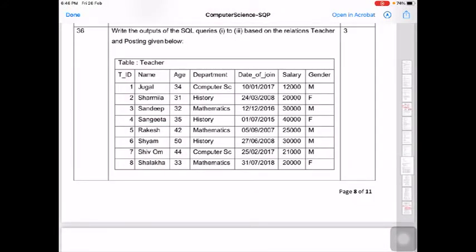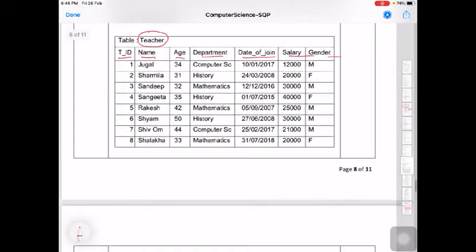Now we also have a third question of 3 marks in which you have to write the outputs of the SQL queries. So in this type of question, the first thing is the same that we have already discussed, to check the name of the table, the columns. Now we come to the queries.